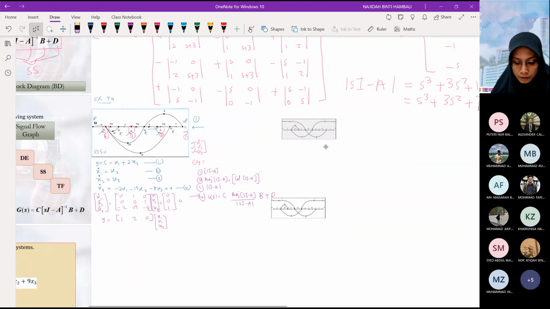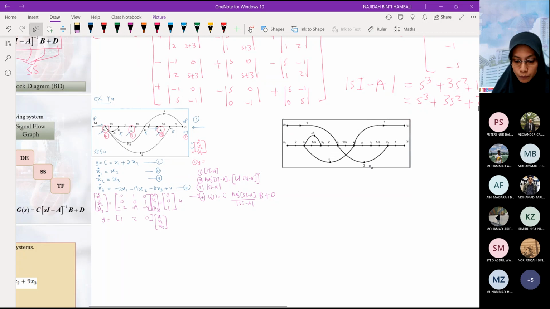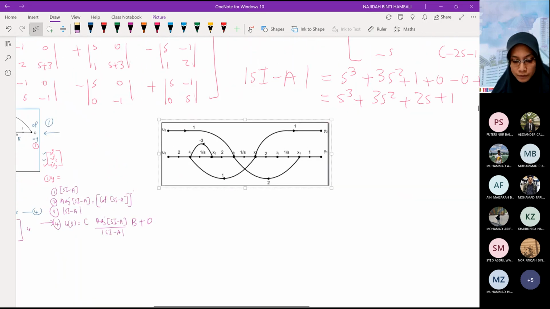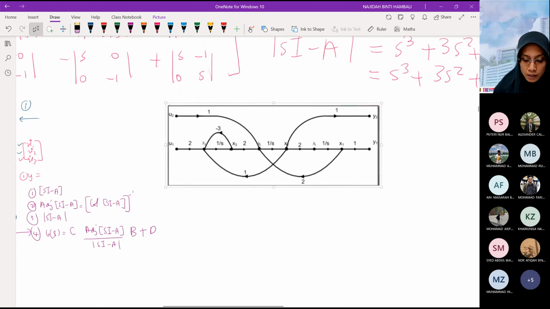So this MIMO system meaning that you have multiple input. You have U1, U2 as your input and you have multiple output Y1 and Y2.